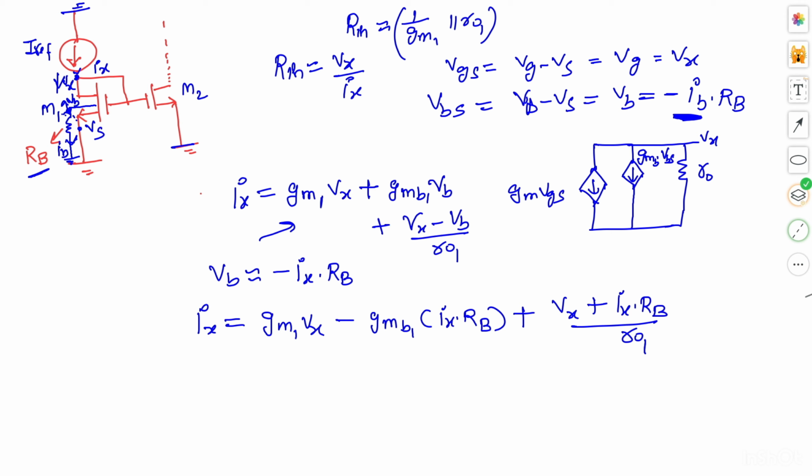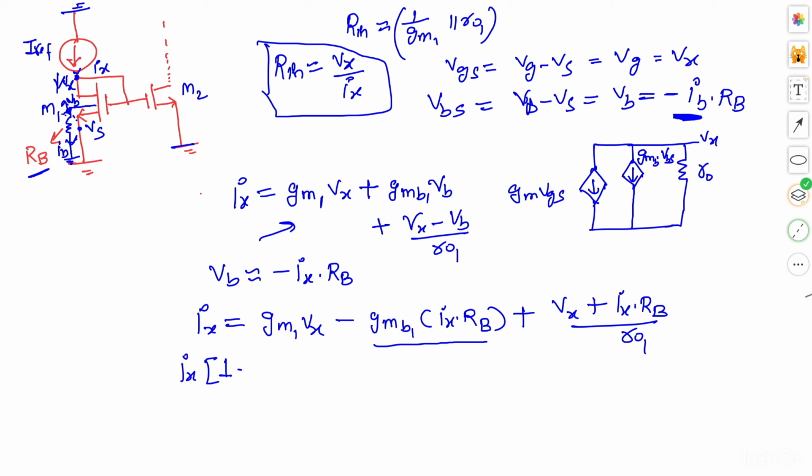Now, as I mentioned, in order to find Rin, we need to find Vx upon Ix. And if you see, everything is in Vx and Ix terms. So let's try to group the Ix and Vx terms together. If I take Ix as common, I will get 1 here on the left hand side. Let's bring this term also to the left hand side.